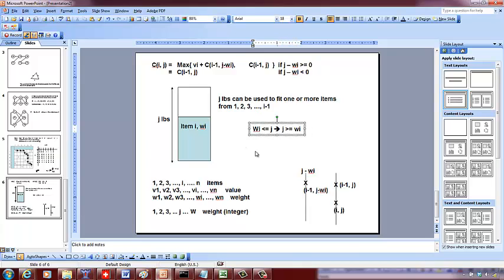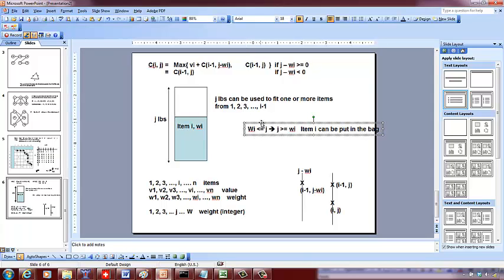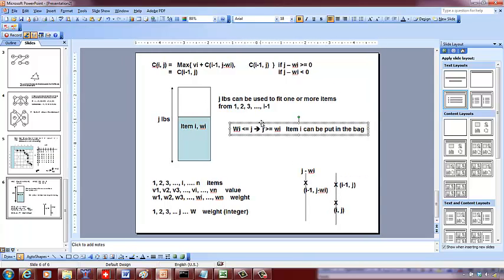Only if this is true can item i be put in the knapsack. The minimum condition is that item i should weigh less than or equal to j.